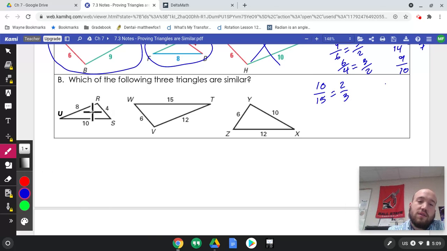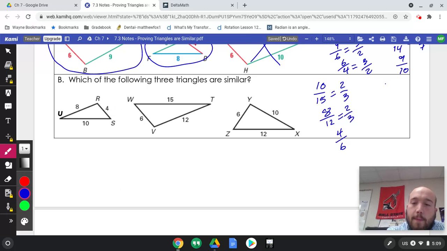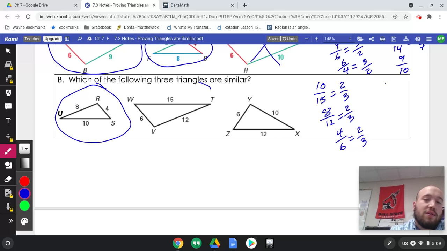Next, the middle side, 8. The middle side here is 12, so 8 over 12, which is also 2/3. And finally, 4 over 6, 2/3. So all three of those match, and we have our answer.